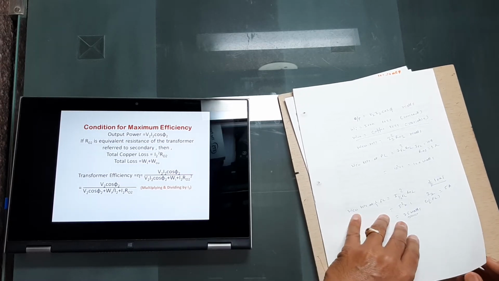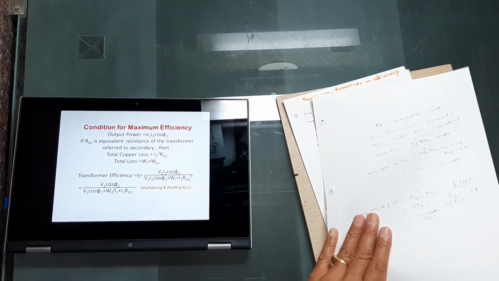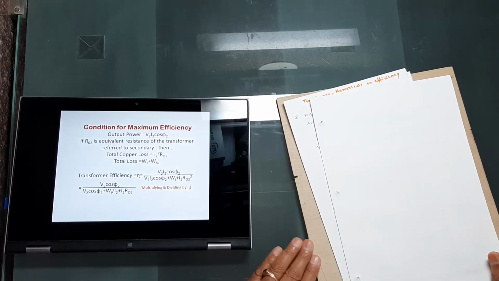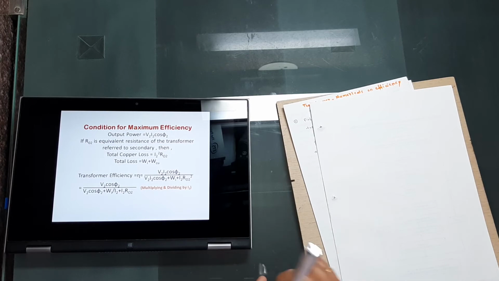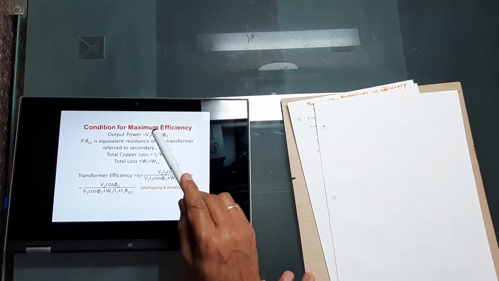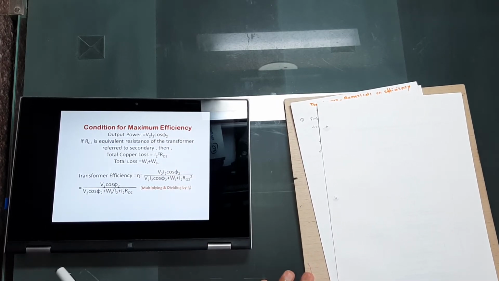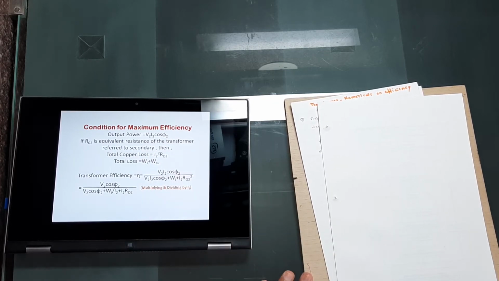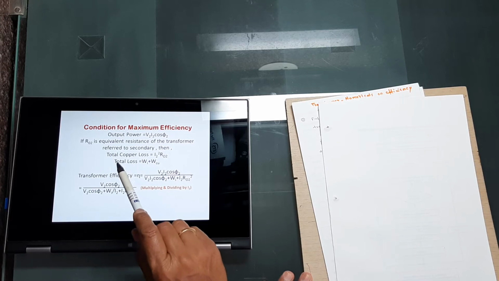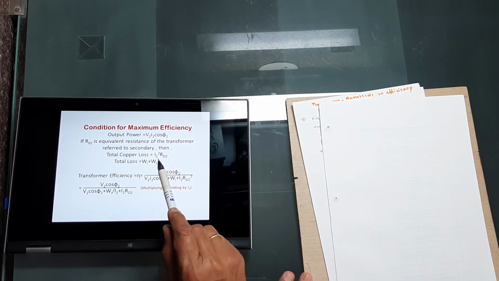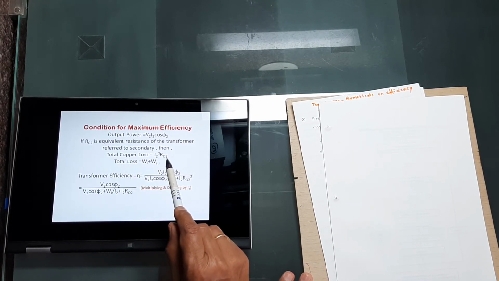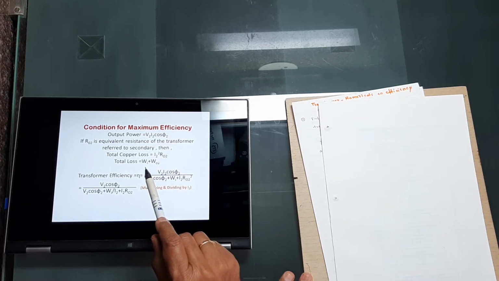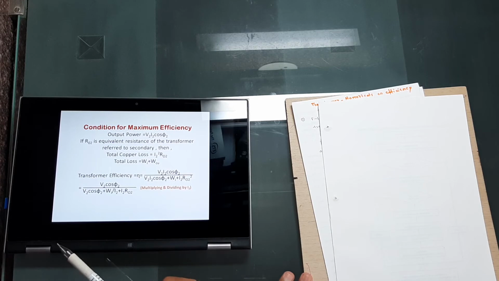With this background, we have to establish a condition for maximum efficiency. Start with the output of the transformer, which is V2 I2 cos phi. RO2 is the equivalent resistance of the transformer referred to the secondary side. The total copper loss is secondary current square multiplied by resistance, and the total loss is the sum of the iron loss and the copper loss.